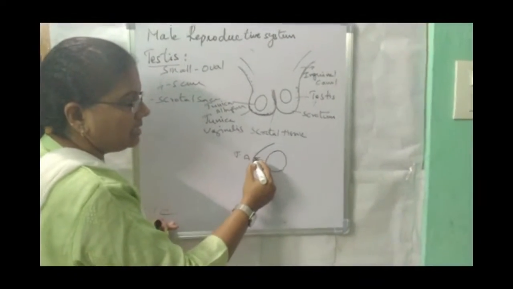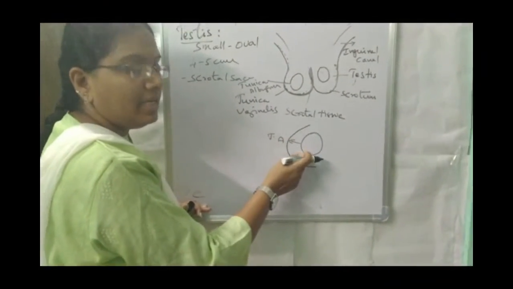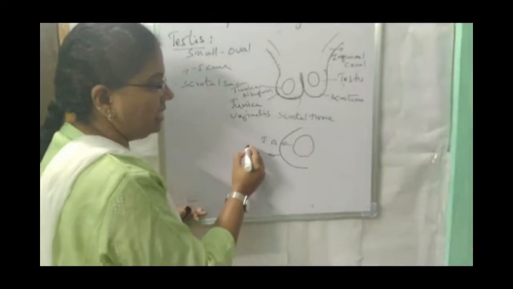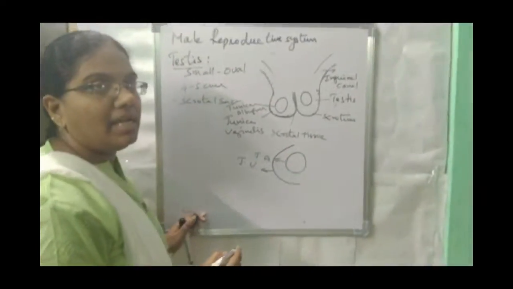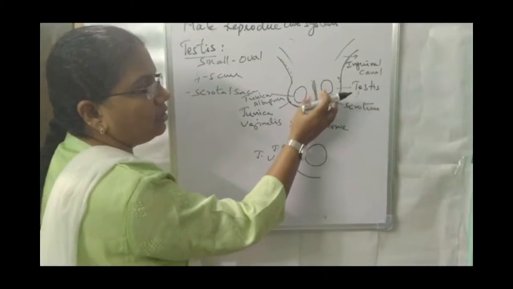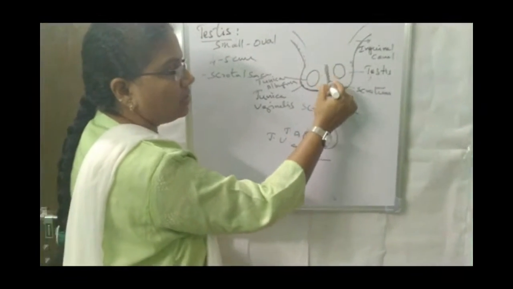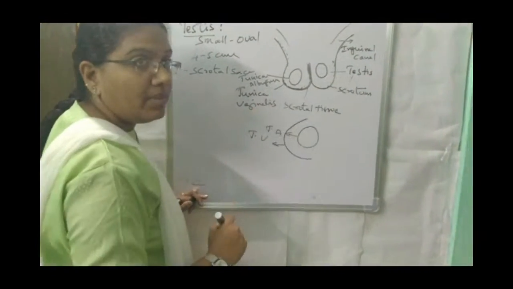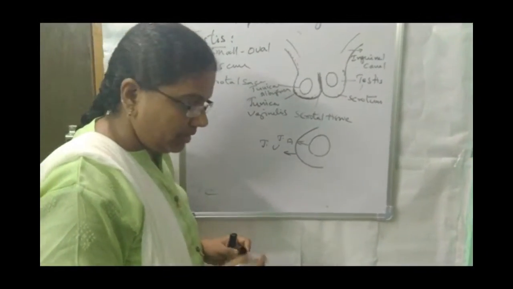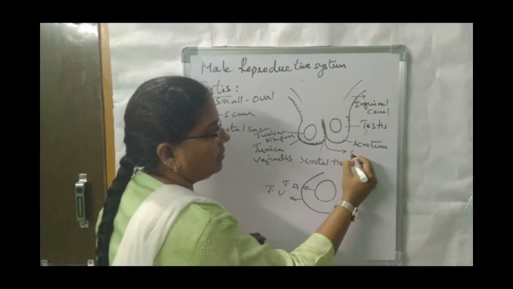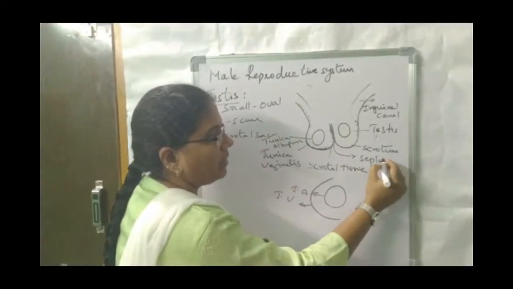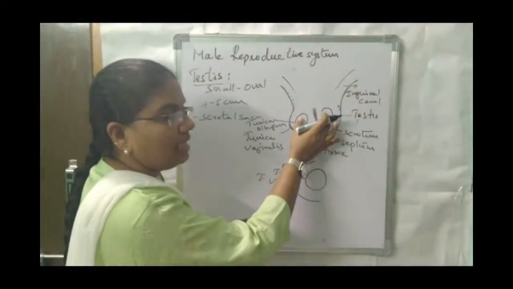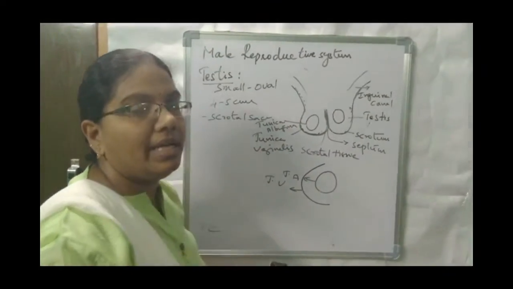The testis is surrounded by the scrotum, and that area is called the tunica vaginalis. Here, the two testes are separated by the scrotal septum. These two testes are embedded in the scrotal areas.